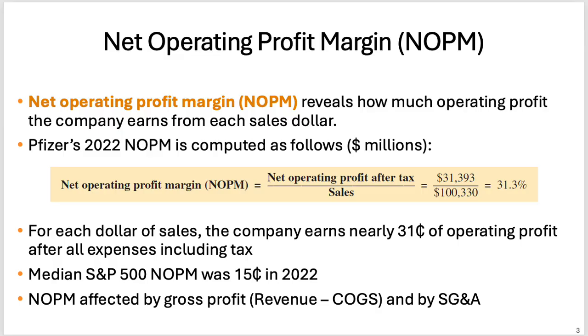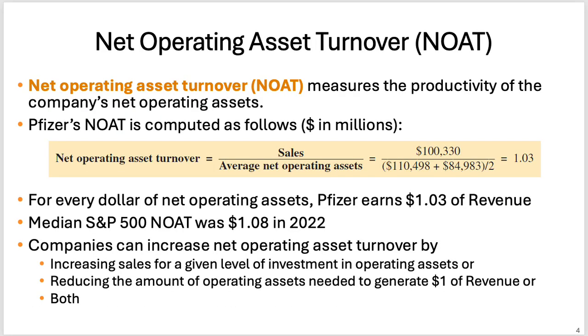All right. So then we look at the other component that we are disaggregating out of RNOA, and that would be net operating asset turnover. And so net operating asset turnover is defined as measuring the productivity of the company's net operating assets. Not all assets, just the net operating assets.